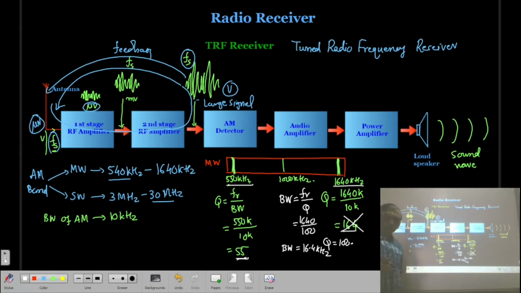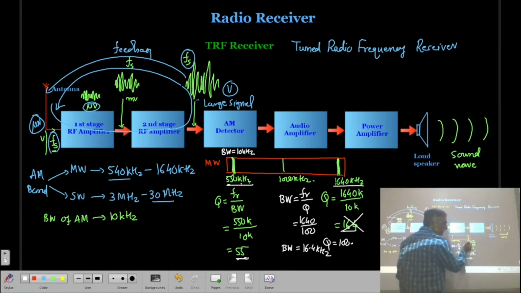So what is going to happen? If I am tuning my radio at 550 kilohertz, the bandwidth is 10 kilohertz. When I am tuning 1640 kilohertz, the bandwidth of the radio is going to increase to 16.4 kilohertz.